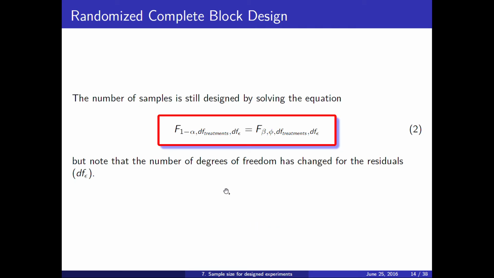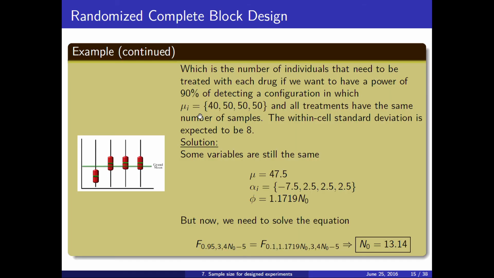And again, to find the number of elements in each one of the cells, we need to solve for this equation. We have to find an F such that from this F to the left we have beta, from this F to the right we have alpha. Okay, so given the example before, we would have exactly the same data.